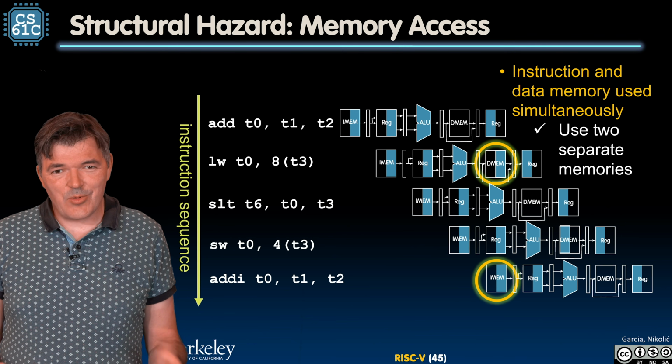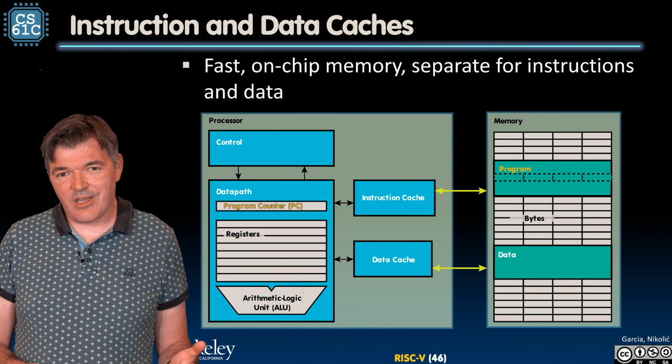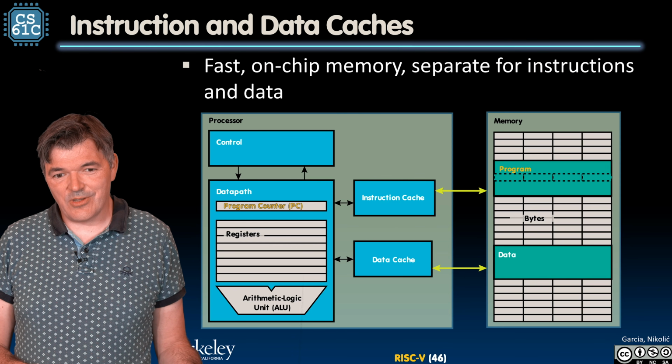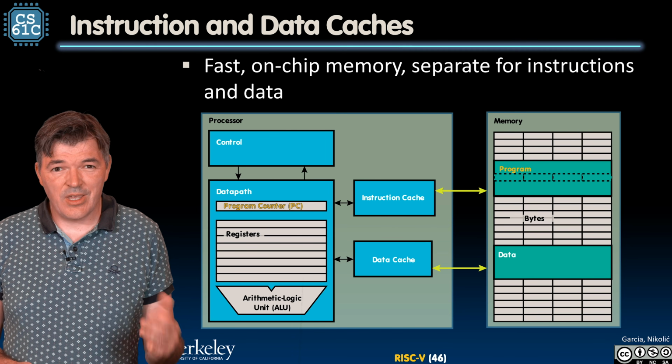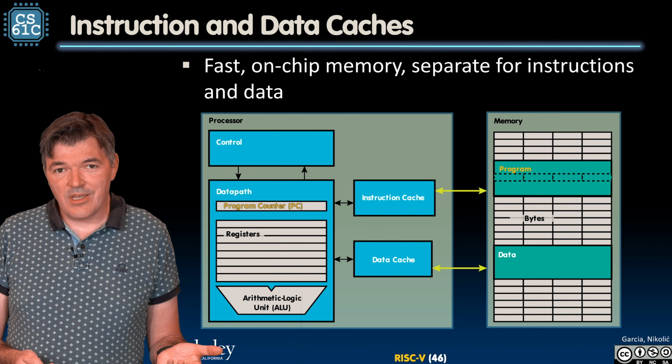Well, we do have one main memory that lives in DRAM, but we generally have cache that is on our processor die, on our processor chip. And we're going to see that in the next module in a couple of lectures.